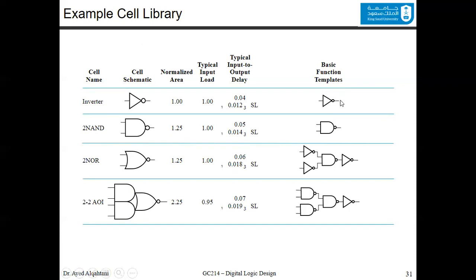And so you can grab the inverter and use it right away. You go and check for NAND and you found it. You try to find NOR and you couldn't, but you could build the 2 input NOR using the inverter and NAND like this. Similarly, for this design, you could build it like this.